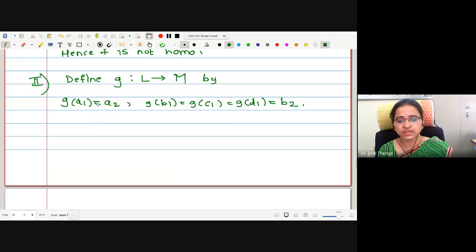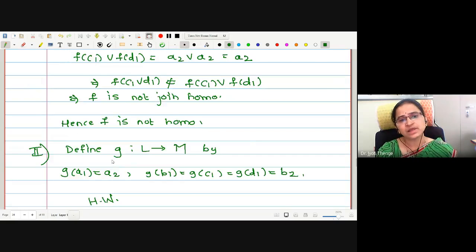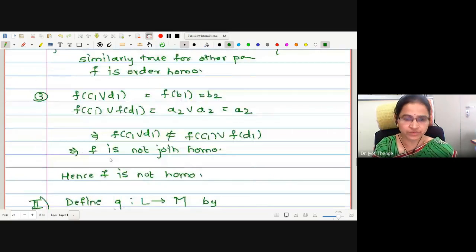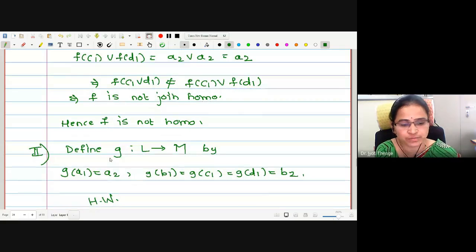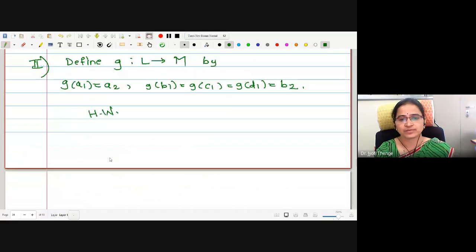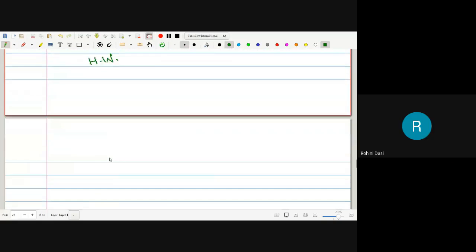Today's homework is to check whether this is join homomorphism, meet homomorphism, and order homomorphism. Can you do this? Use a similar process to what we discussed in the previous example, so that you can get the idea of homomorphism.